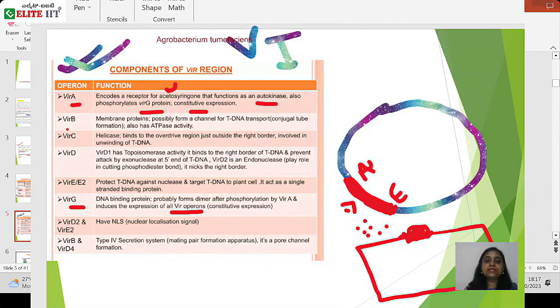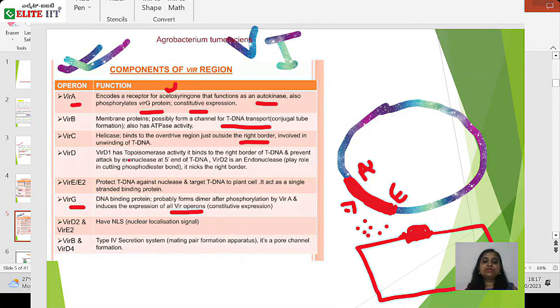See, where B is, membrane proteins possibly form a channel for T-DNA transport. So in this case, it is making one transport. Where C means it has helicase activity. It binds to the overdrive region just outside the right border. So it will bind at the right border, involved in the unwinding of T-DNA.